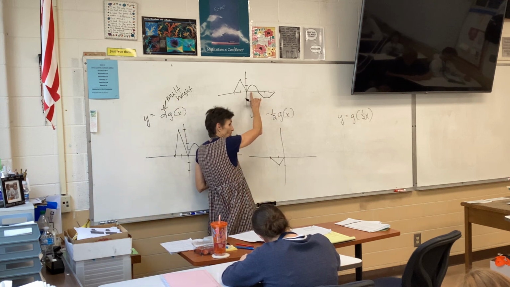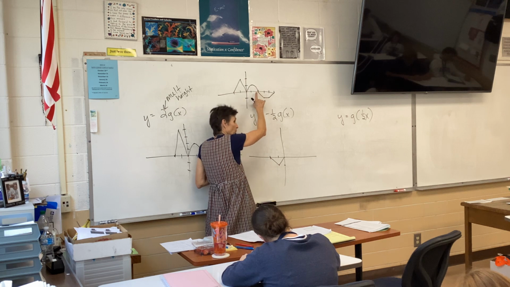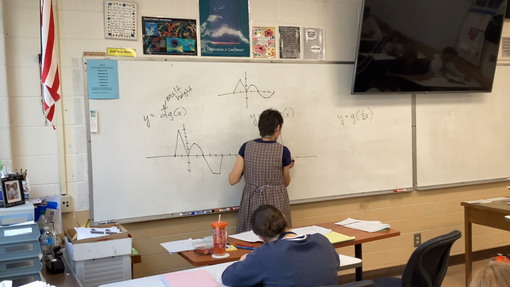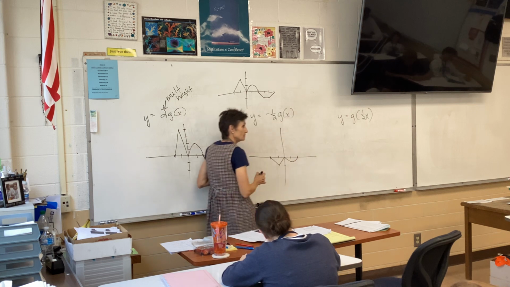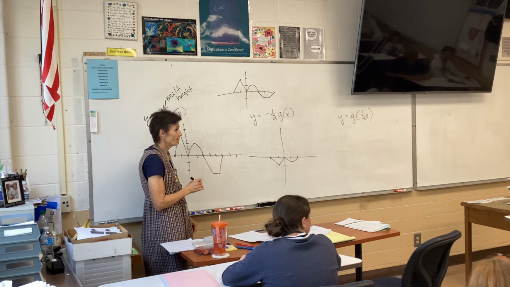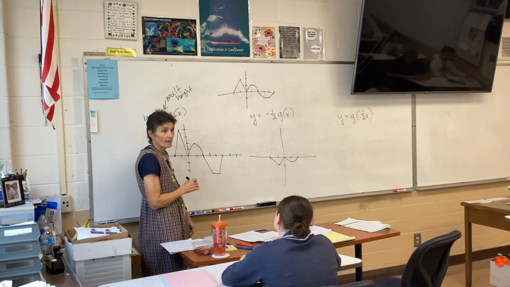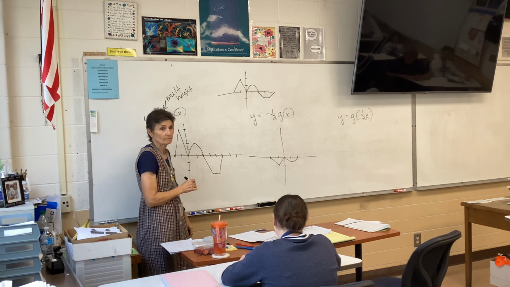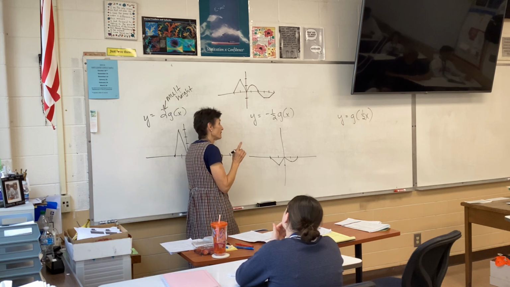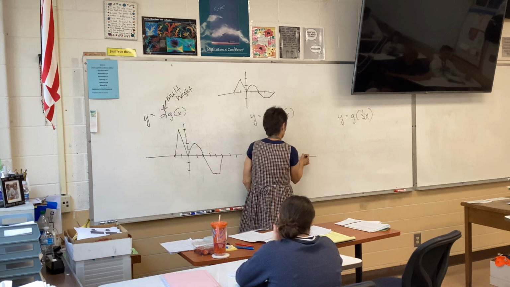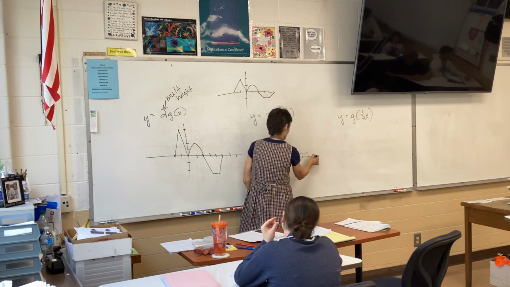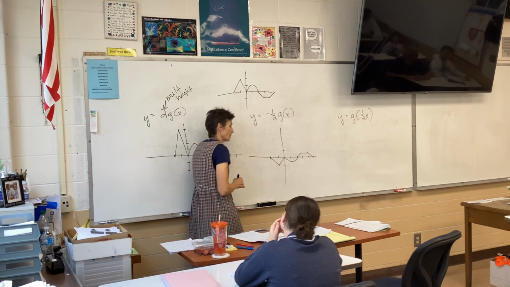My semicircle went up 1. Now it's going to go down a half. Lynn, you okay? And then what about my trapezoid? It goes half as well. It's going to go up, but half. There you go.